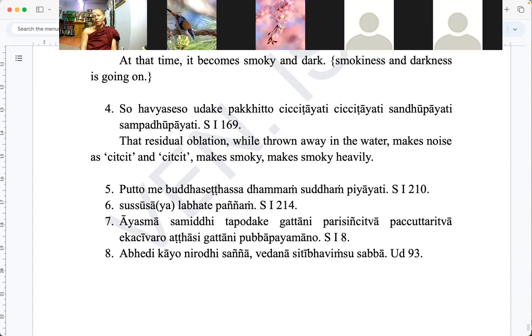When they are burning, they make sound, they make noise, and they also make smoke. So even in the water, it makes smoke, and then continuously becomes heavily smoky. So the residual oblation, when thrown away in the water, makes noise as jijit and jijit, makes smoke and smokes heavily.